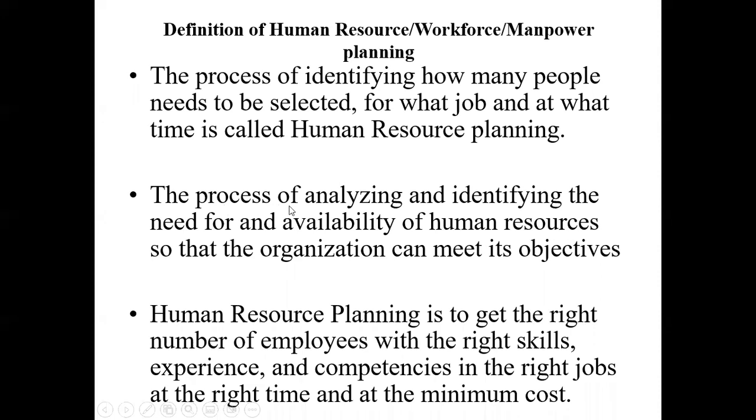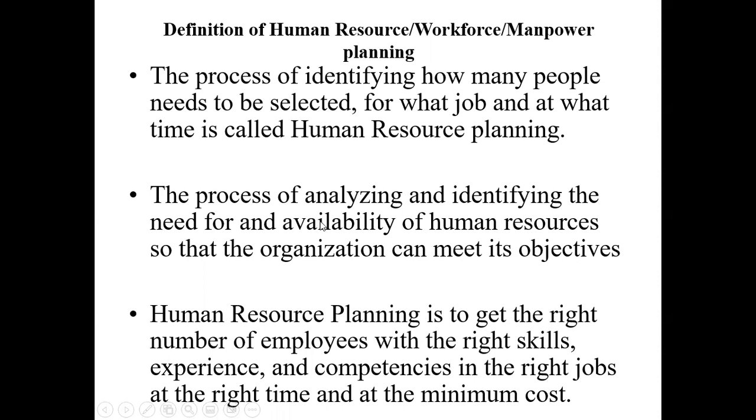Now, the process of analyzing and identifying the need for and availability of human resources so that the organization can meet its objectives can also be construed as an explanation of human resource planning. So let's interrogate this definition too.